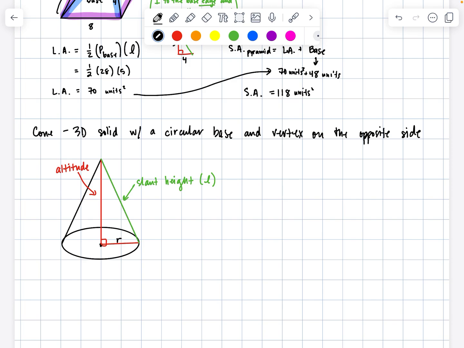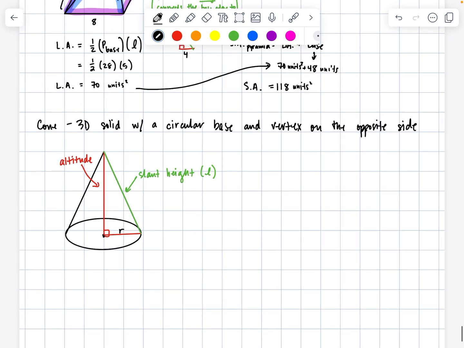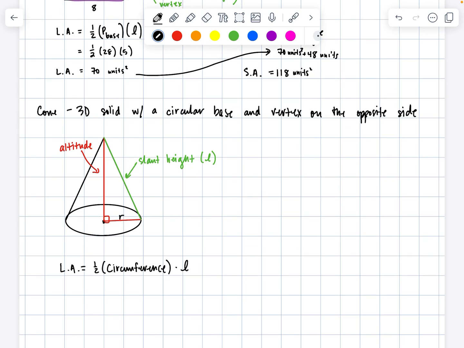So, just like before, we're going to solve for lateral area. Lateral area in this particular case is equal to 1/2 of, instead of the perimeter of the base, it's the circumference because we're working with a circle. Circumference times the slant height. Okay?